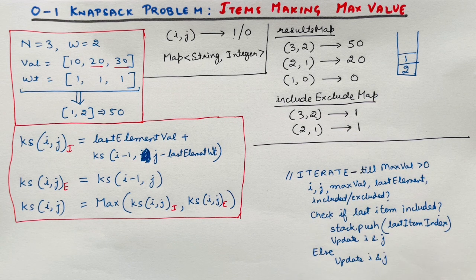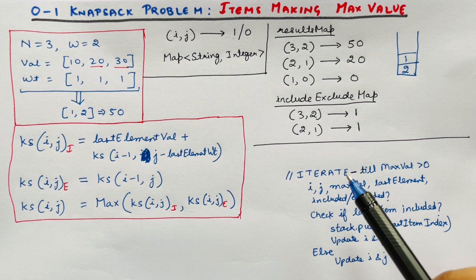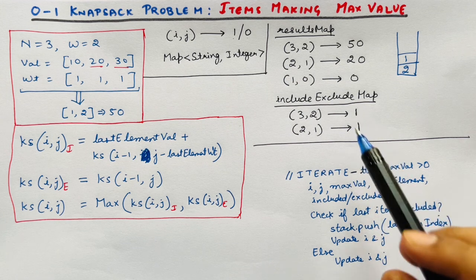At the end of all of these iterations in the stack, we will have indices of the elements that were put in the knapsack. We can simply convert this stack into a list and return. This way, we have a way to return the actual items put in the knapsack to obtain the maximum value. The only thing that now remains is filling up of this map.